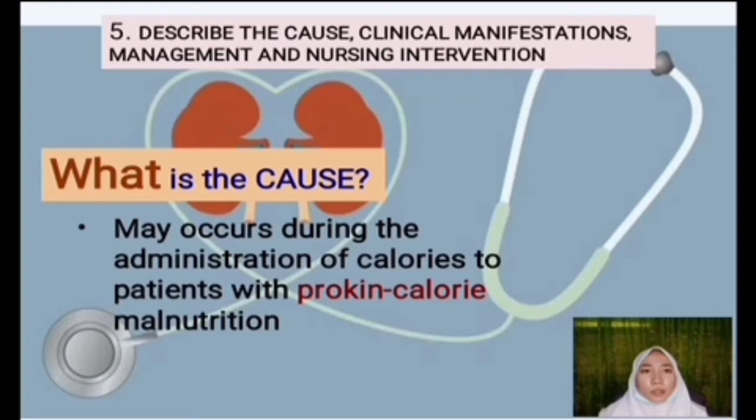It may occur during the administration of calories to patients with protein-calorie malnutrition. Although phosphorus deficit often indicates phosphorus deficiency, it is an abnormally low content of phosphorus in the lean tissue. It can be an intracellular shift of phosphorus from serum into cells.